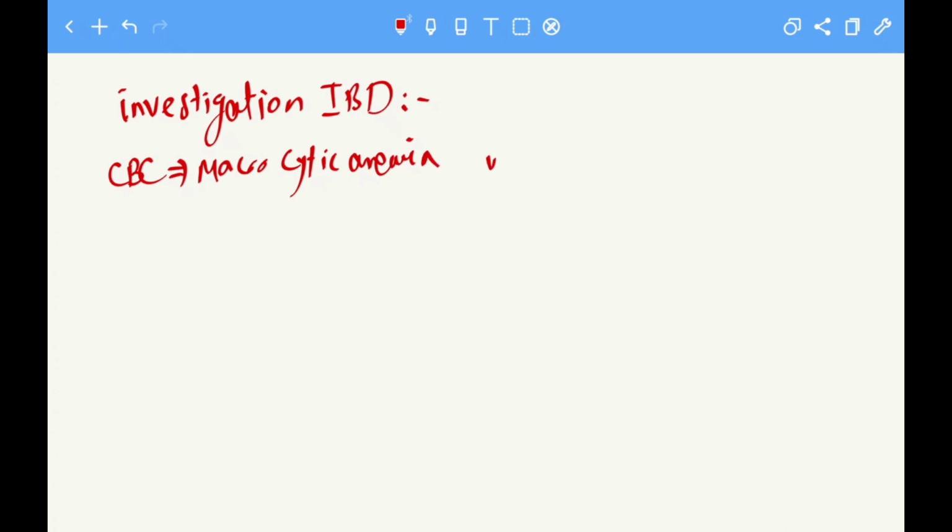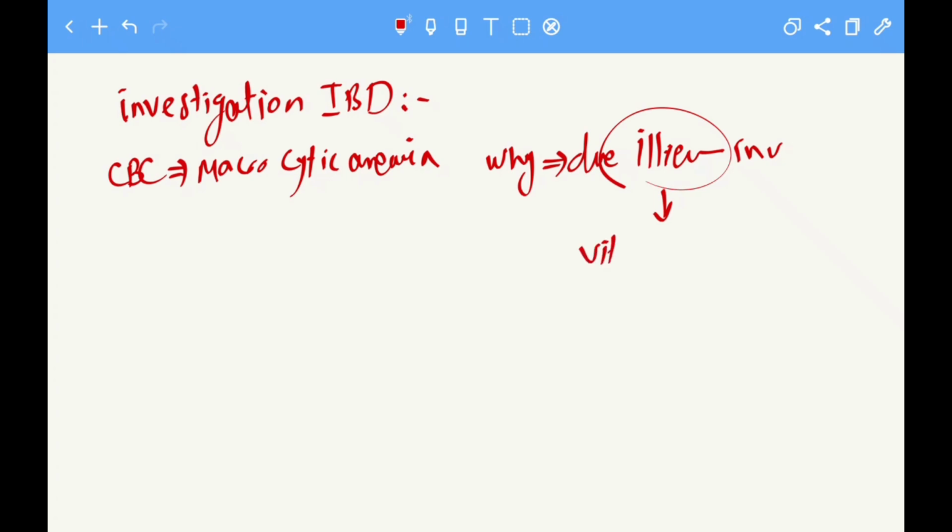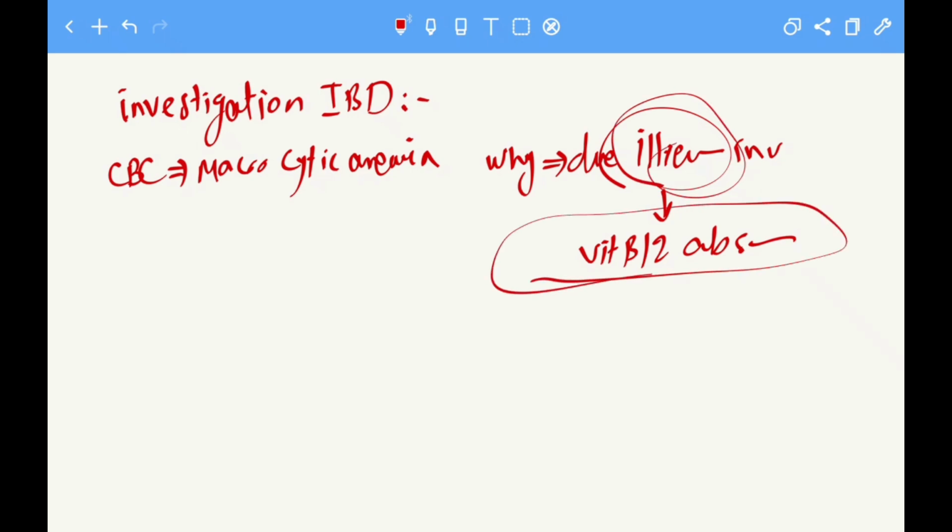Why? Due to ileum involvement, and in the ileum there is vitamin B12 absorption. So if the ileum is affected, vitamin B12 absorption will be affected, so it will appear as macrocytic anemia. Okay.